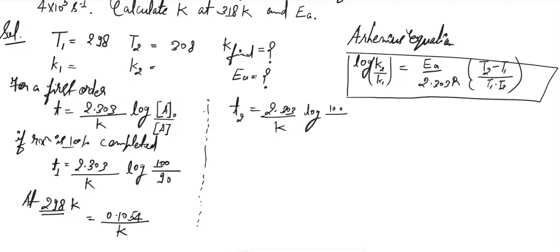If it is 25% completed, it means 75 is remaining. Whenever you solve this in terms of log, the overall value that you will get is 2.2877 upon K2, and this is your K1.